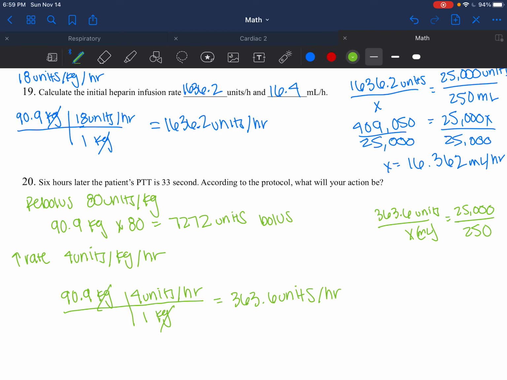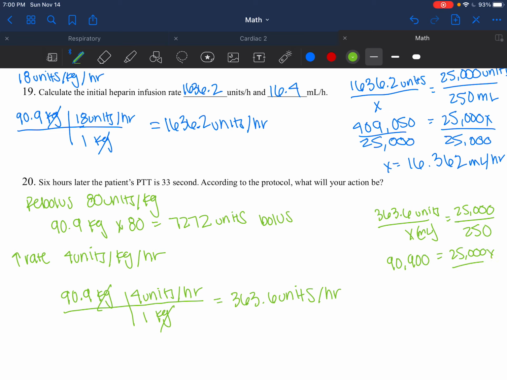So we're going to cross multiply: 363.6 times 250 is 90,900, which equals 25,000x.